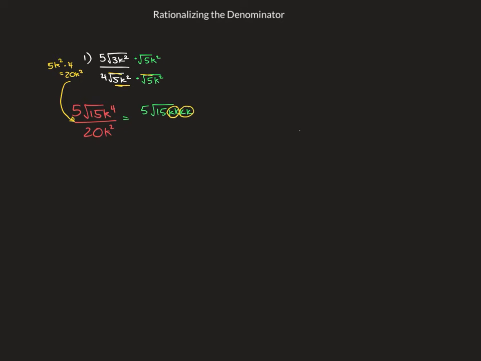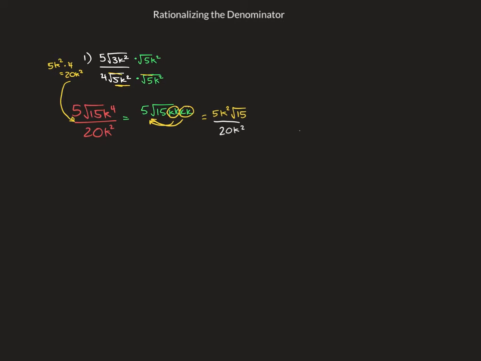And since we have 2 of them, we can bring it to the outside of the equation. And it'll be equal to 5k squared square root 15. So our new equation will be 5k squared root 15 over 20k squared.